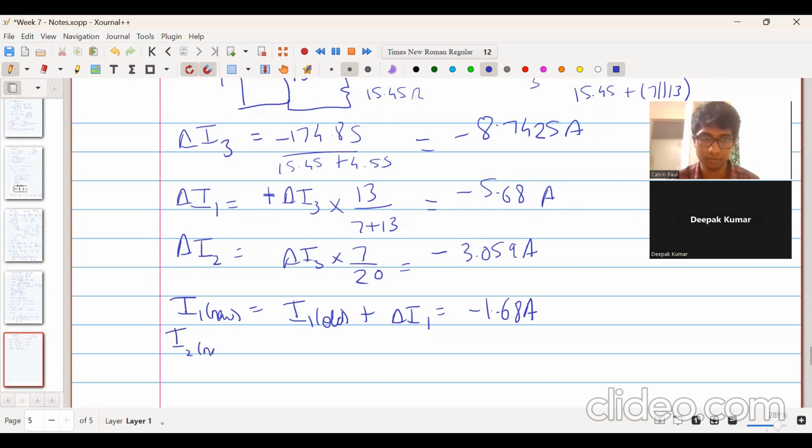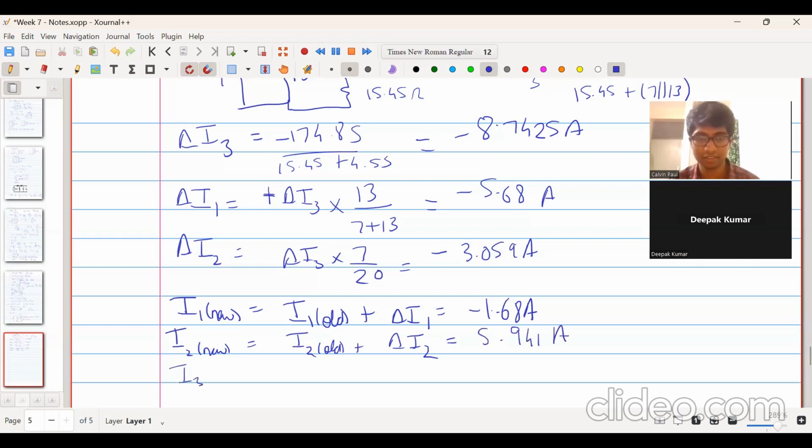Similarly, I2 new is equal to I2 old plus delta I2. I2 old is 9, so 9 minus 3.059 is 5.941.